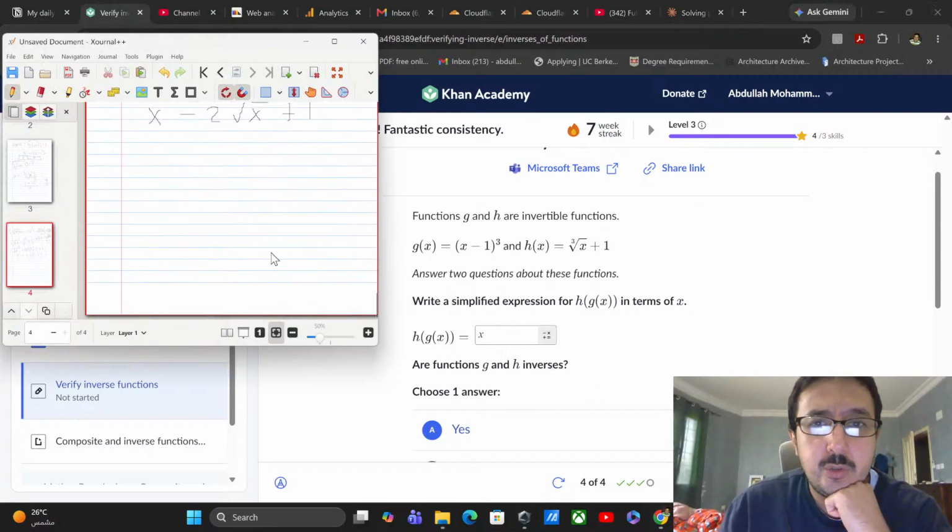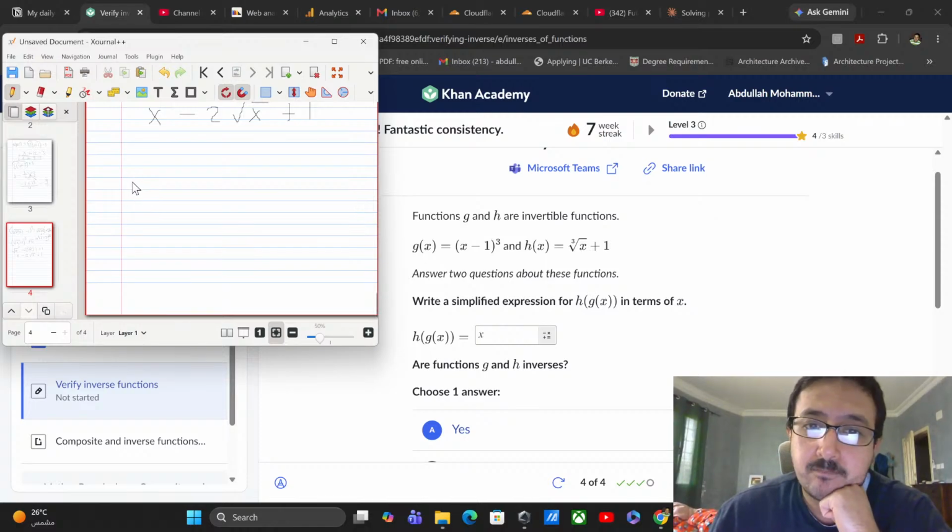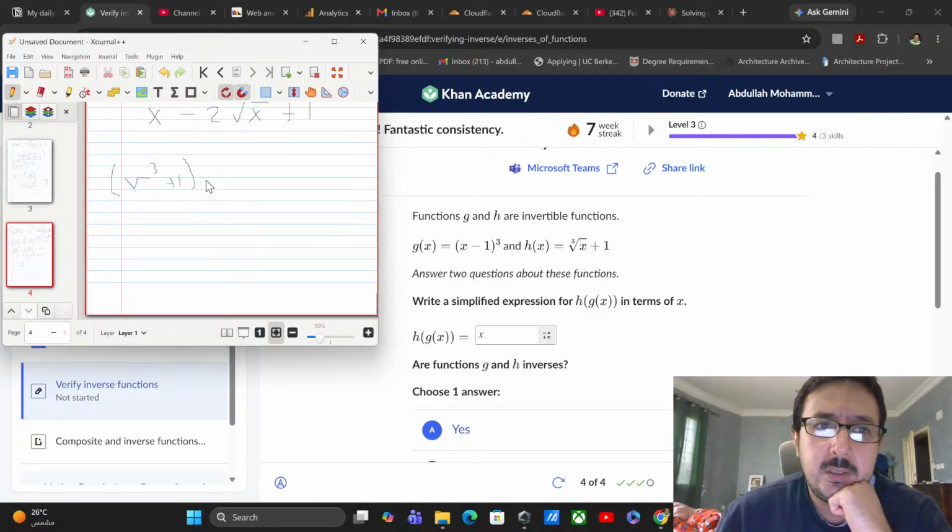So this one went to x, and I got the cube root over 3 plus 1, all minus 1, all over 3.